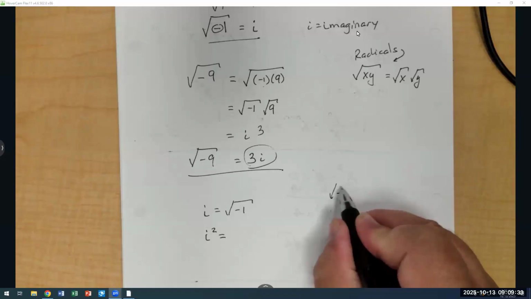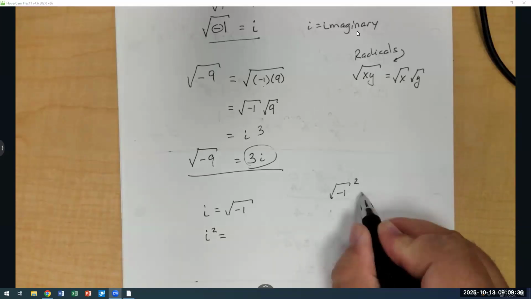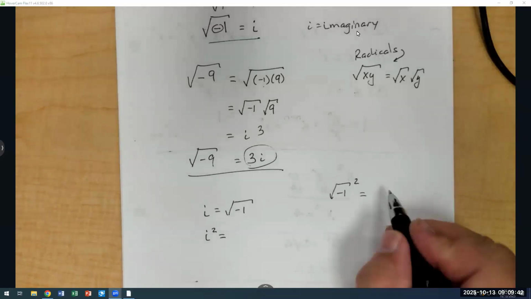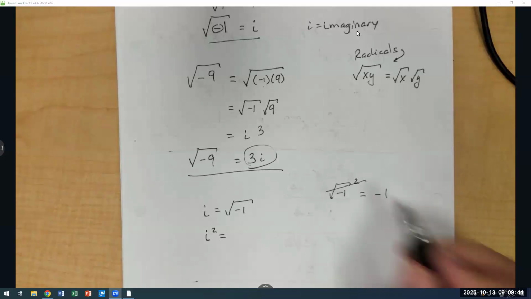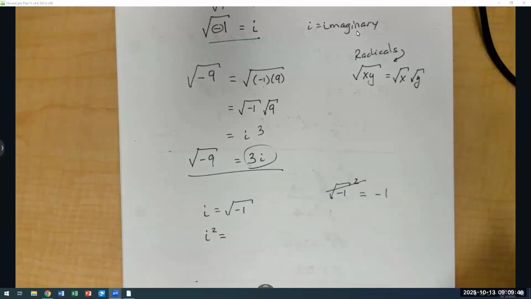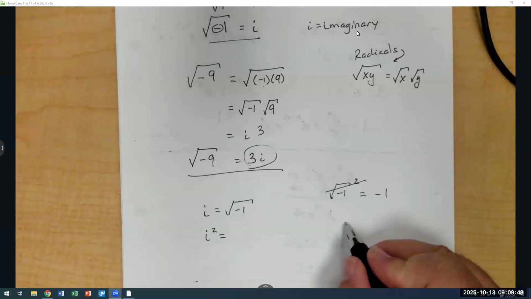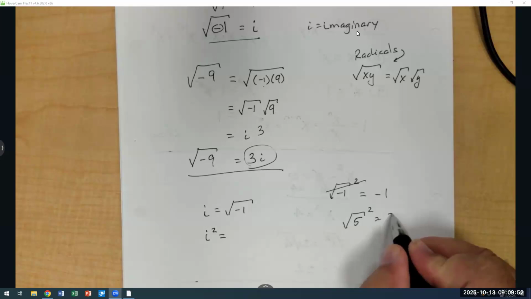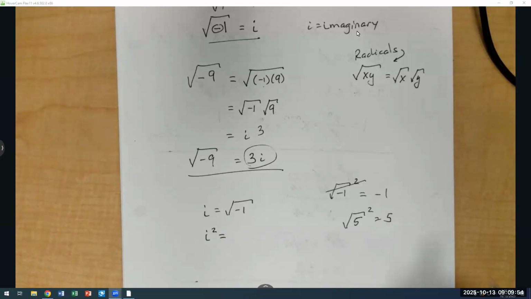What's the square root of negative 1 squared? Because the square and the square root cancel out, it's negative 1. Likewise, the square root of 5 squared is just 5, because the square root and the square cancel.